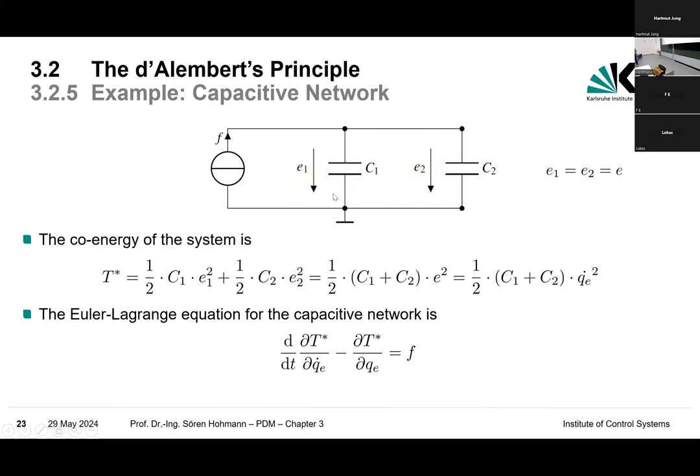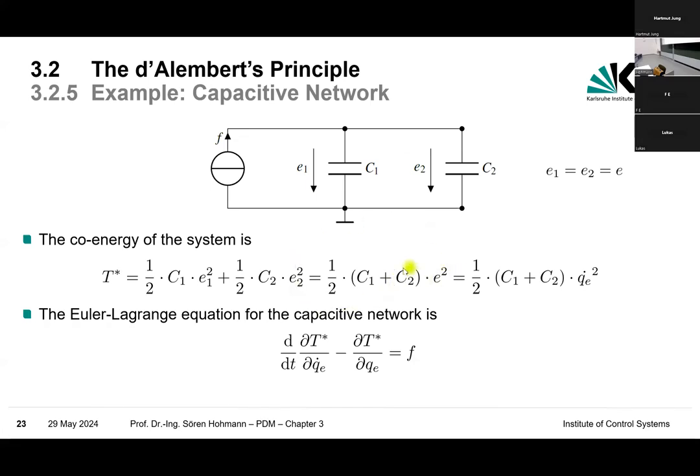And what we do right now is we just sum up all the energies. We know that the energy of a capacitor is a half C1 E1 squared. This applies also to the second, a half C2 E2 squared. And this is the sum of all energies. More storage elements are not present in this circuit diagram.